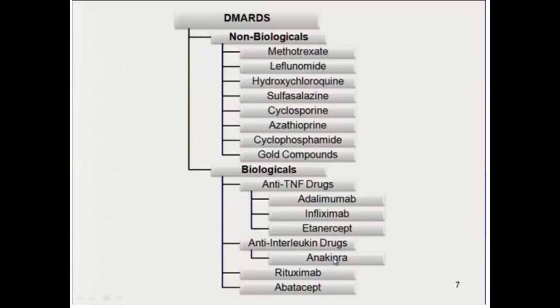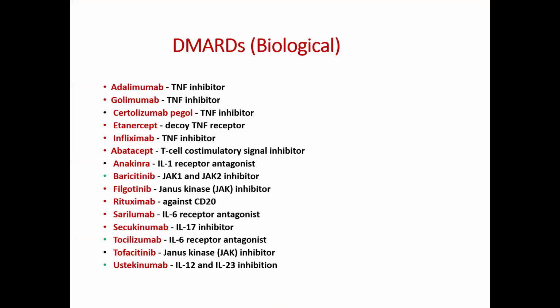We're going to add other drugs called the DMARDs, disease-modifying anti-rheumatic drugs. These are two types, non-biological and biological. Of course, the non-biological are the old ones, and the biological are the recent drugs. I'm putting here a list of the biological drugs.